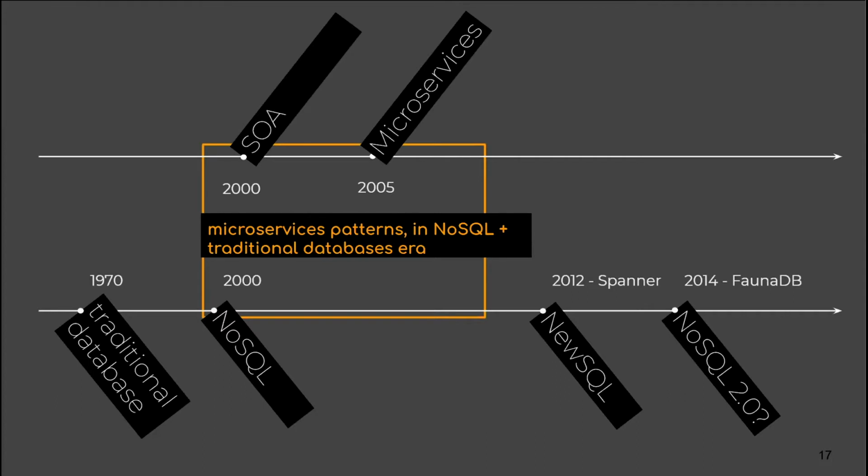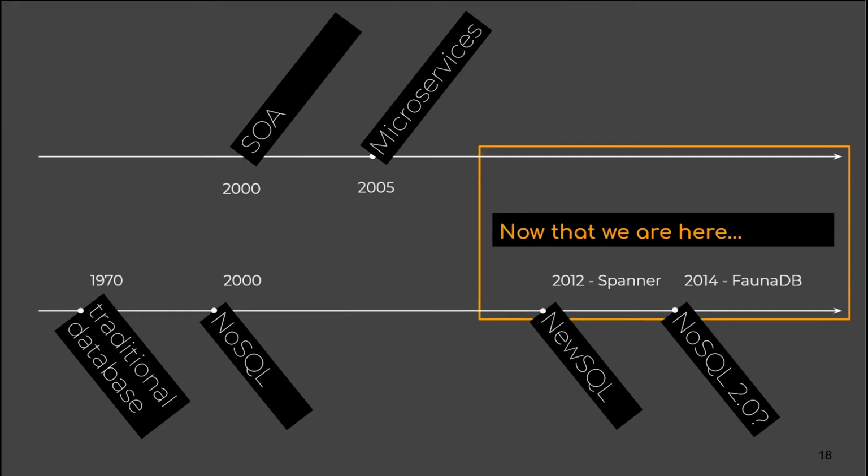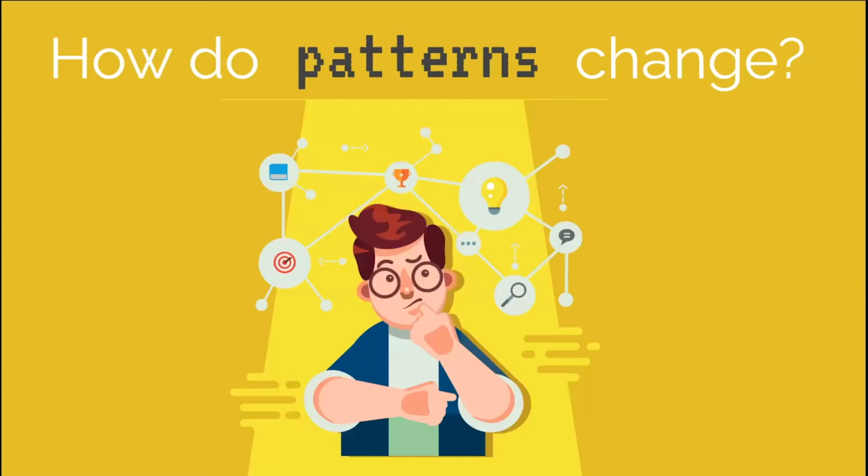That means that most of these patterns were developed with the thought in mind that you only had NoSQL, which scales but doesn't have consistency and doesn't have relations, or you have traditional databases which might not scale. Today we are here where such databases do exist. And we can also say that traditional databases are more and more scalable today. And the question then becomes, how do these patterns change when the data layer has evolved so significantly?